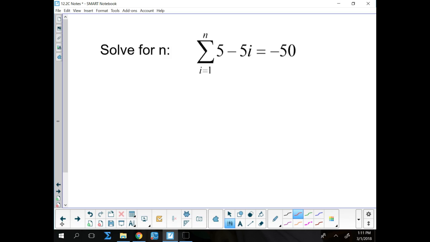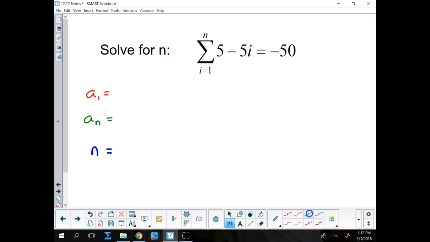You need the first term. And then what else? You need the first term, the last term, and the total number of terms. Okay? How do we find those?